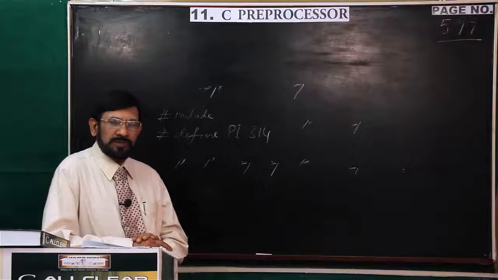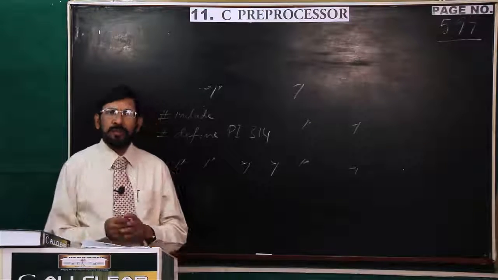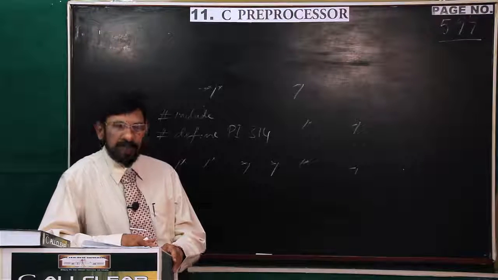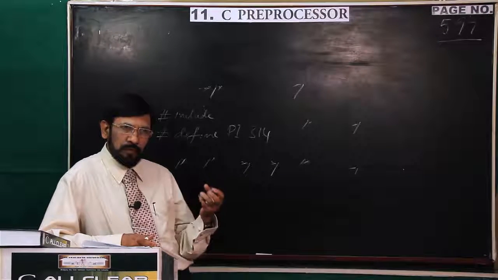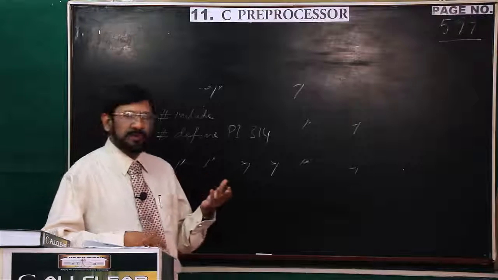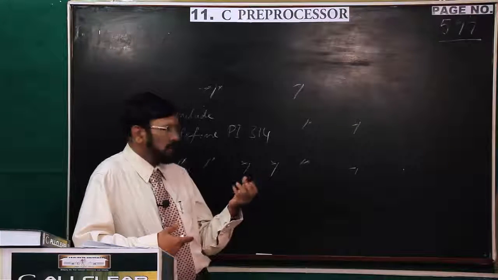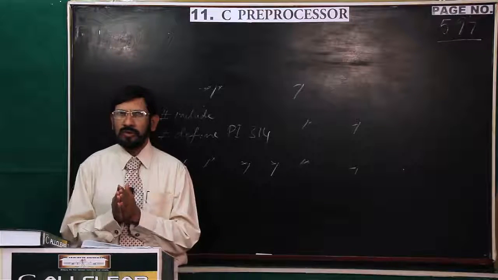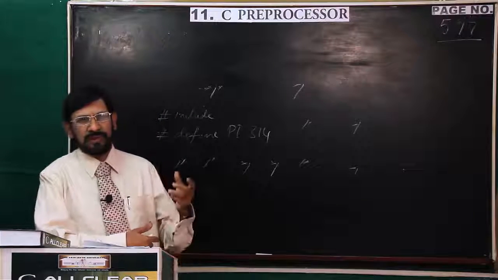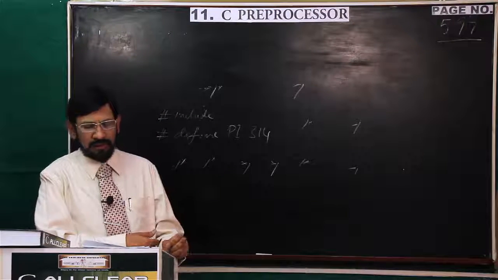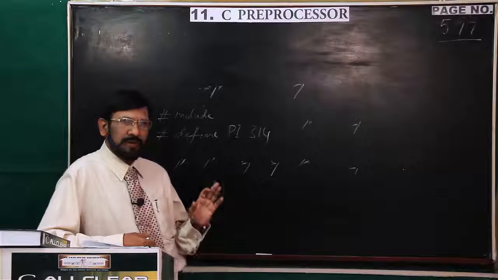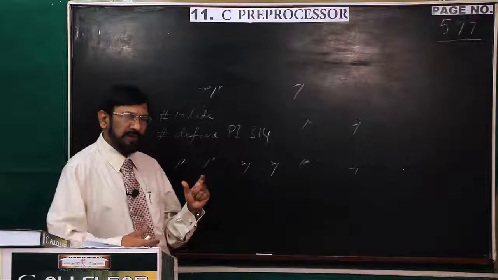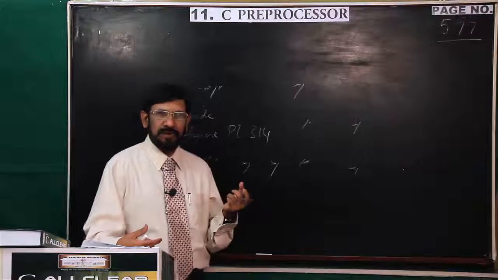One more thing you must remember: most of these preprocessor directives are implementation oriented. They are meant for providing ease and facility in the development of big programs and projects. Some of these directives you may not understand properly, what the real use of the directive is, and you cannot feel the real importance of it.